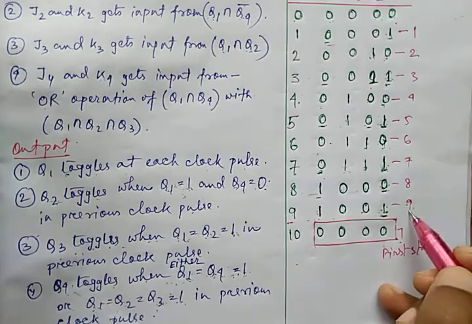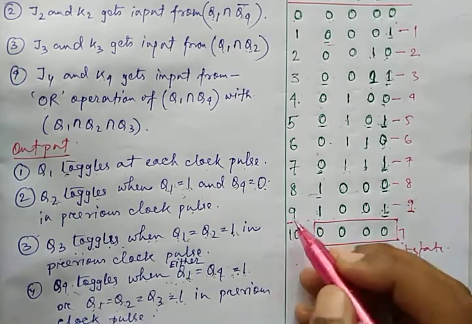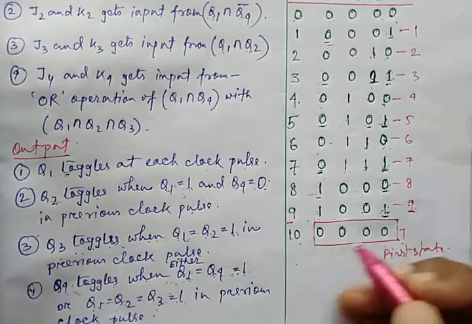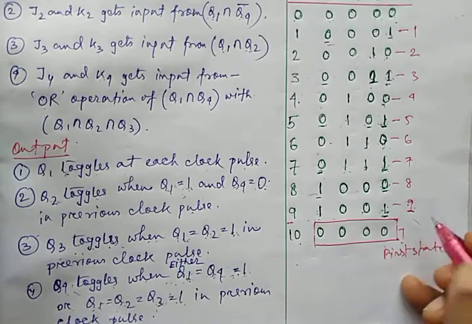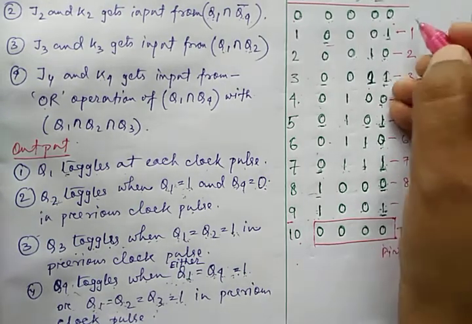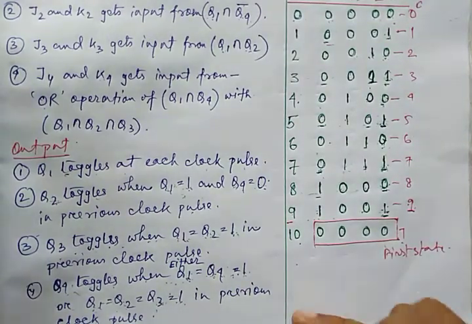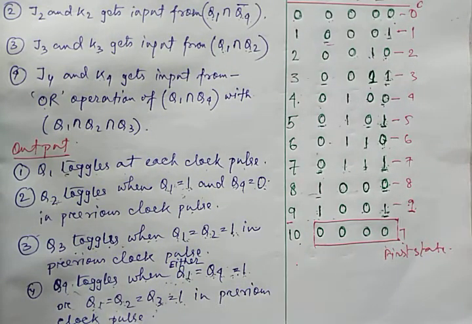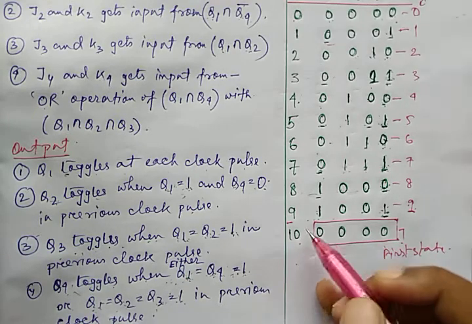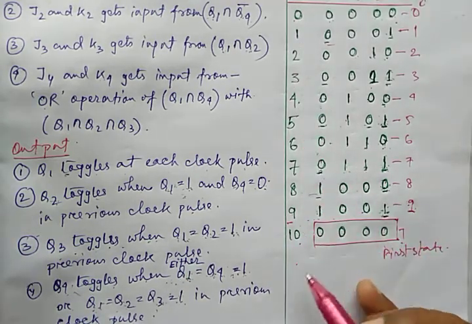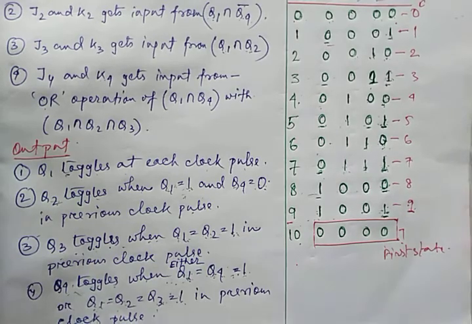But after arriving at the 9th clock pulse, at the 10th clock pulse, the counter will again start to count from its 0 position. So how many clock pulses you apply does not matter. It counts in a recycle manner, that is 0 to 9, 0 to 9 all the time.